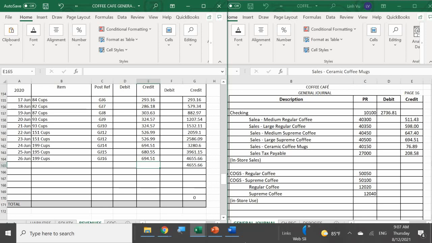Okay. And then we're going to go to the liabilities tab, and it's for sales tax.